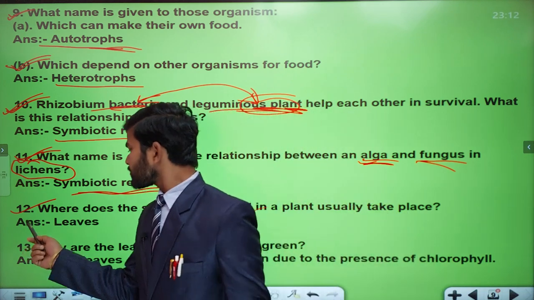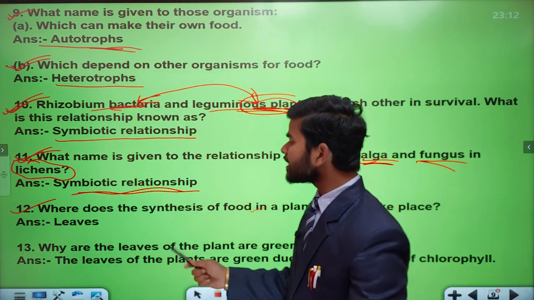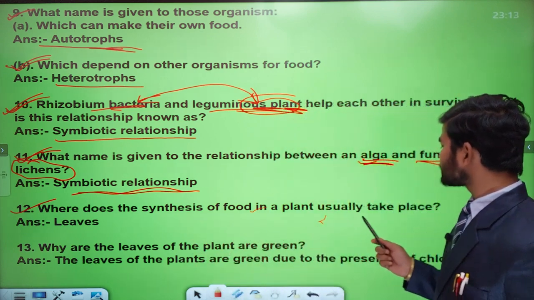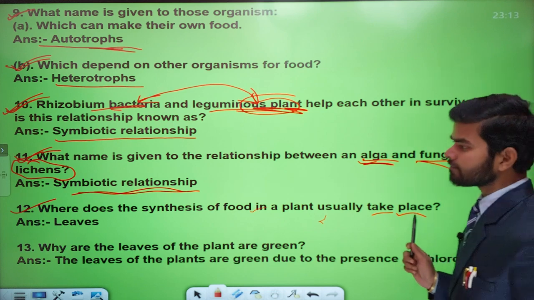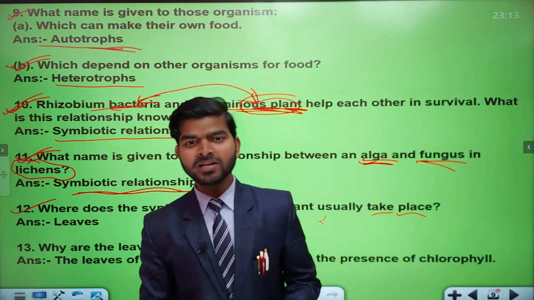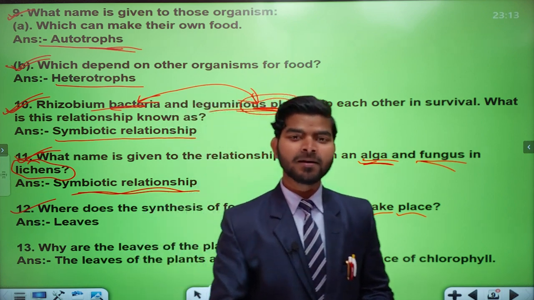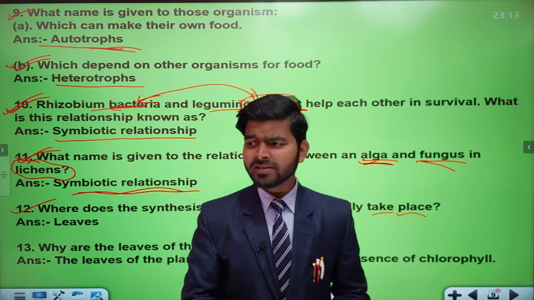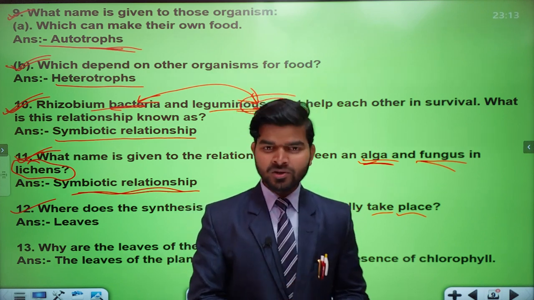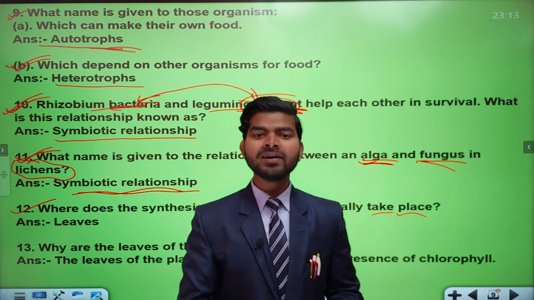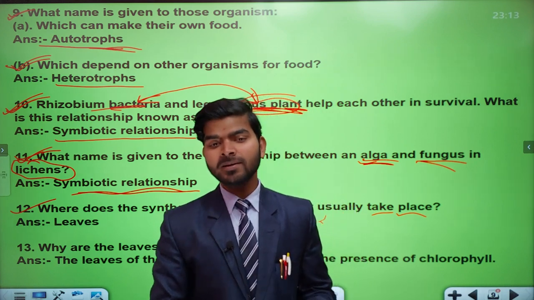All right. The question here is, where does the synthesis of food in a plant usually take place? I have told you that plants make food by a process called photosynthesis, but where is the synthesis of food happening? That means building of food, making of food, storing of food. Where is this whole thing happening?